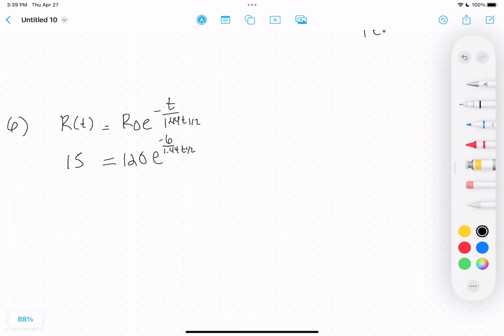Maybe I'm just missing something, because if you have 120 on one end, and then you multiply by e and raise to the negative 6 over 0.44 times... Huh. Because for some reason I forgot the scenario as to where we would be multiplying and having things in seconds.